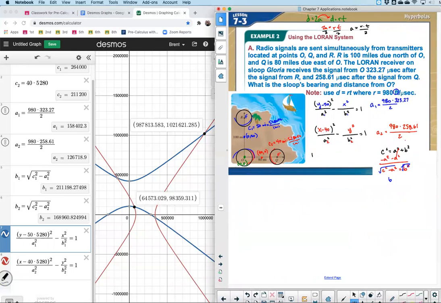The location of the boat in feet would be 987,813 and 1,021,621 feet north if you're dealing in feet. What an answer. Isn't that nuts?